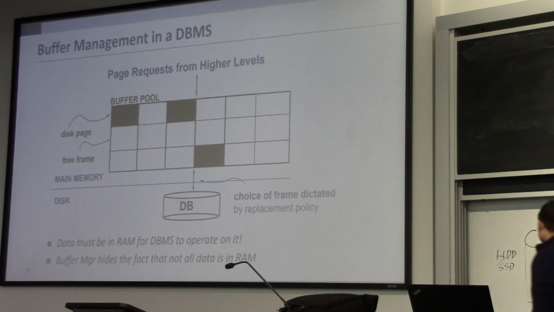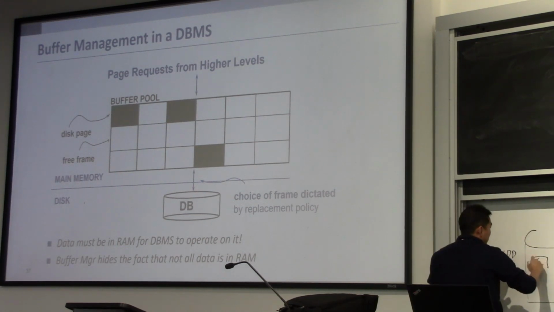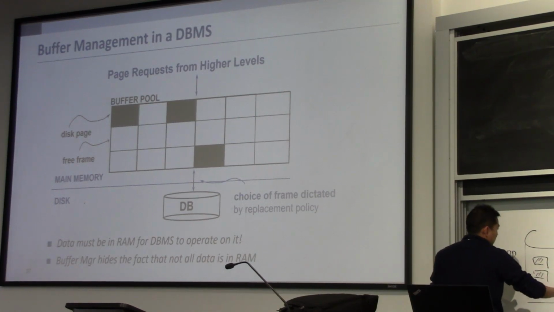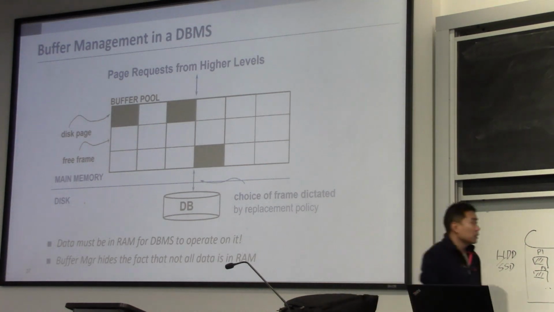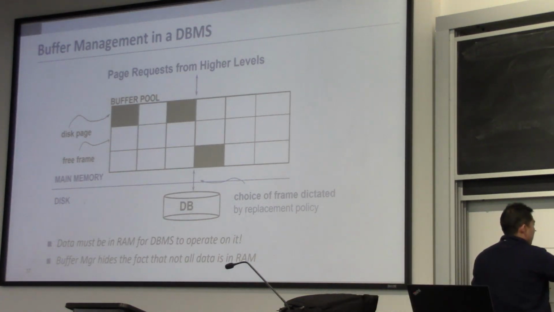So what's going to happen is on disk somewhere you're going to have some pages. Page 1, page 2, page 3, page 4, and so on and so forth. Right? Somewhere on disk you have those pages. This is a page.